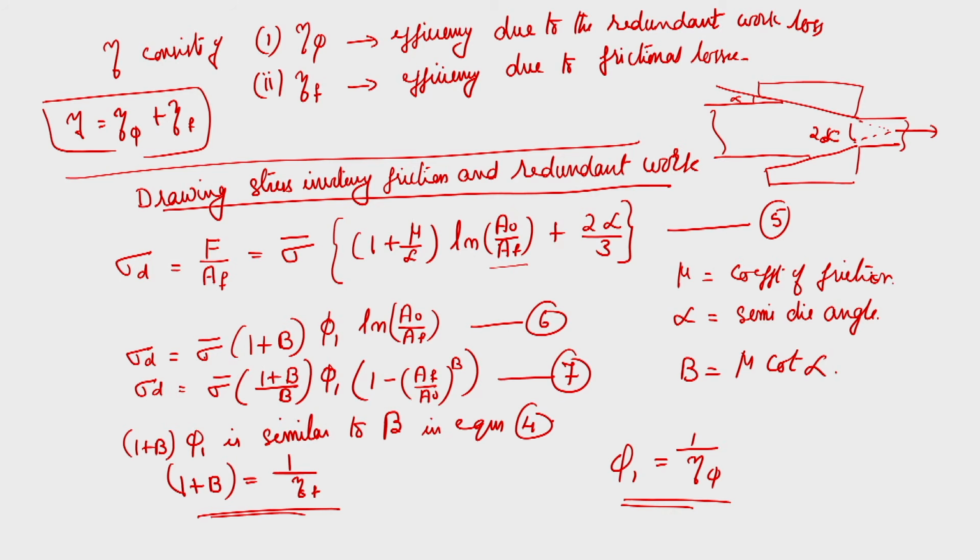So investigators carried out extensive work, and they found that if you are using this mean flow stress in these equations, if you are using the mean flow stress as sigma bar over the strain following the Hollomon relationship, that means sigma is equal to A epsilon raised to n or K epsilon raised to n, in whichever form you write. And if you are satisfied with that and taking the average stress value, you found that using the average stress value, the draw stress which was obtained was an underestimation.